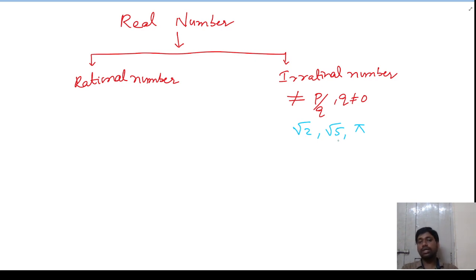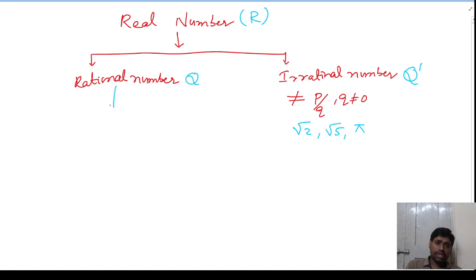These numbers are non-terminating and non-recurring. Such numbers are called irrational numbers. Next, you will learn about this later. Here, rational numbers are represented with Q, irrational numbers are represented with Q dash, and real numbers are represented with R.